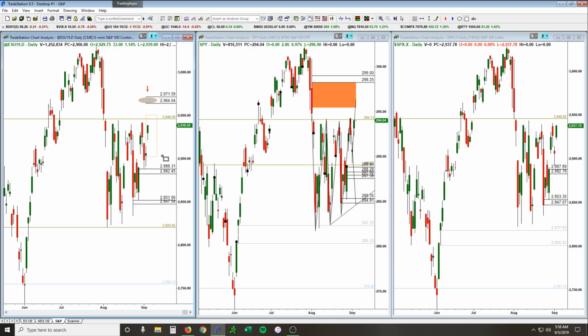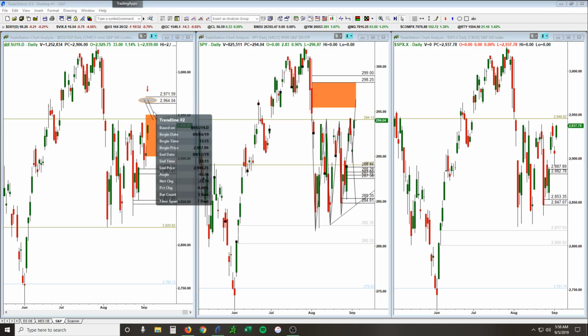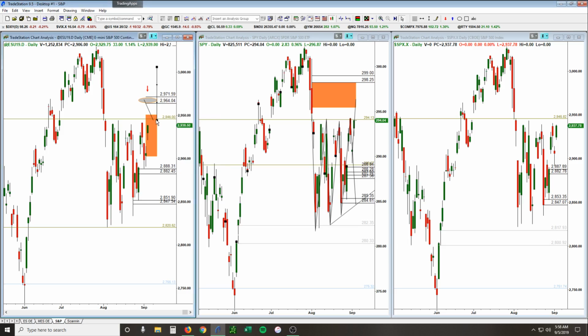So at least back down to 29.50. You get a pullback down in here, right? And then you get another pop back up and get a shot back up towards the highs. So that's kind of what we're waiting for.